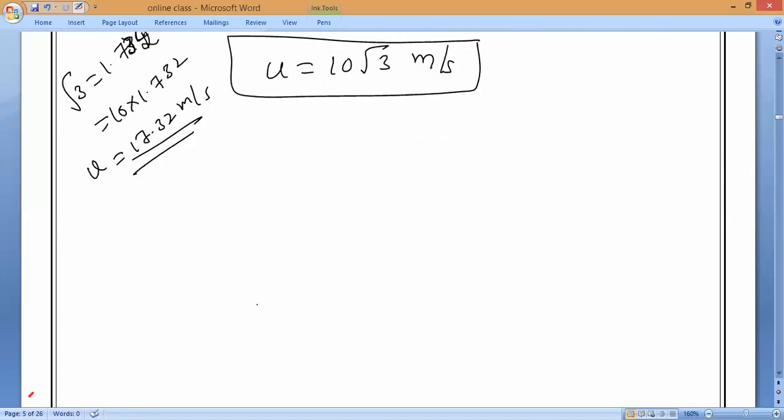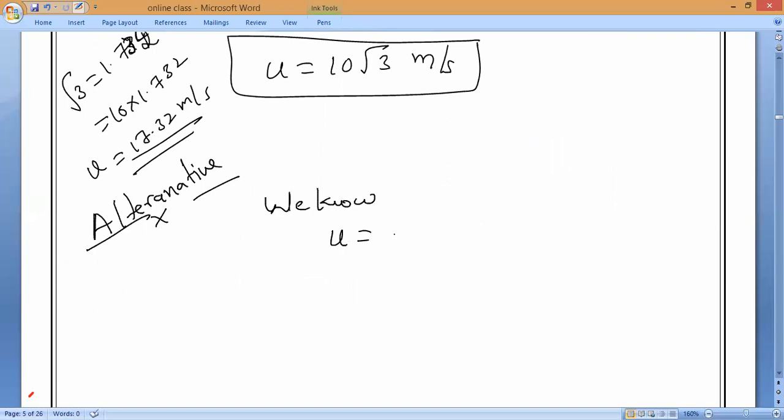Now the alternative method. As we know, if the ball is thrown and they ask for the initial velocity, what is the formula? Initial velocity is equal to root of 2gh. No minus, no plus, nothing.